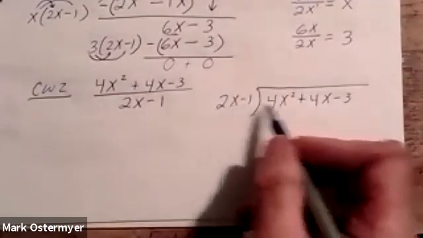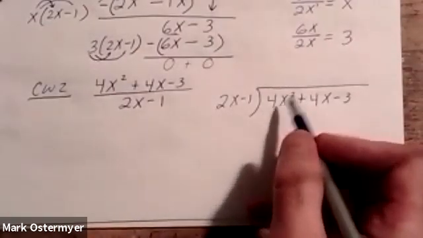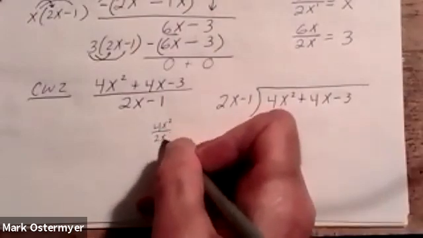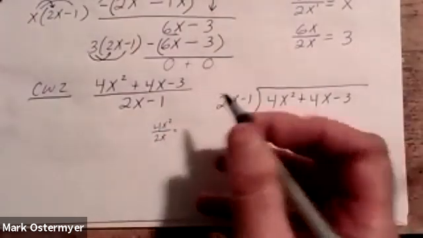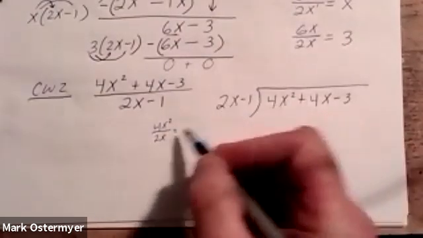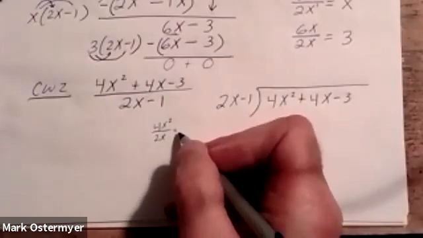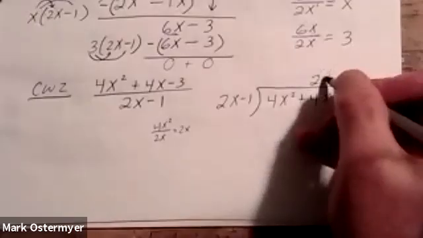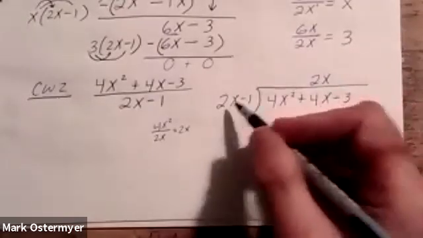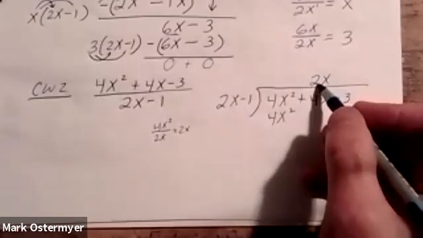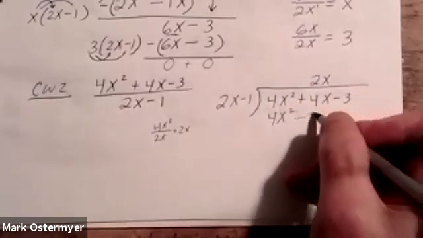How many times is 2x divided into 4x squared? 4x squared divided by 2x is what? 2x. 2x is the first term in my quotient. 2x multiplied by 2x gives me 4x squared. 2x multiplied by -1, minus 2x.